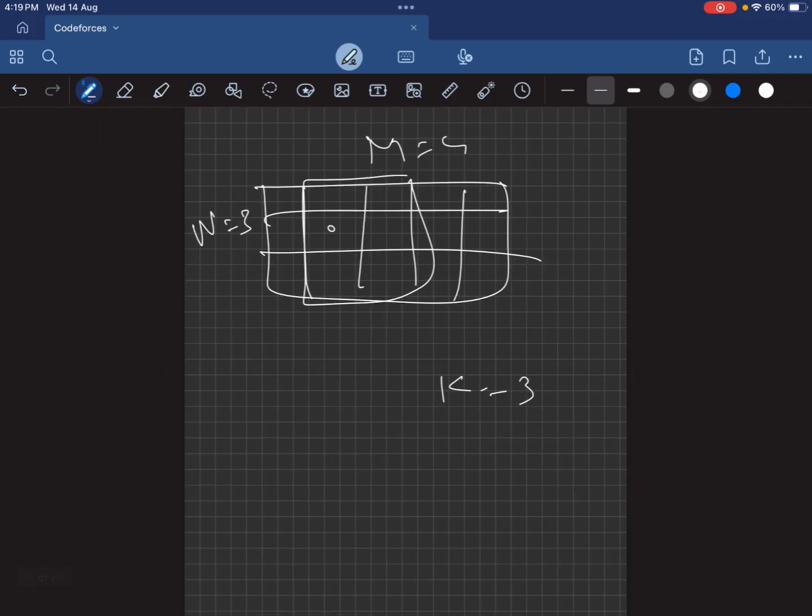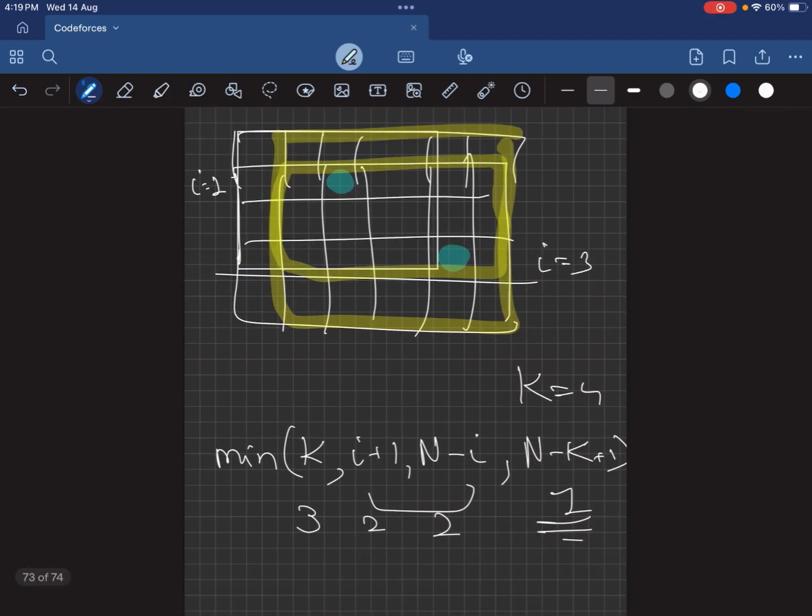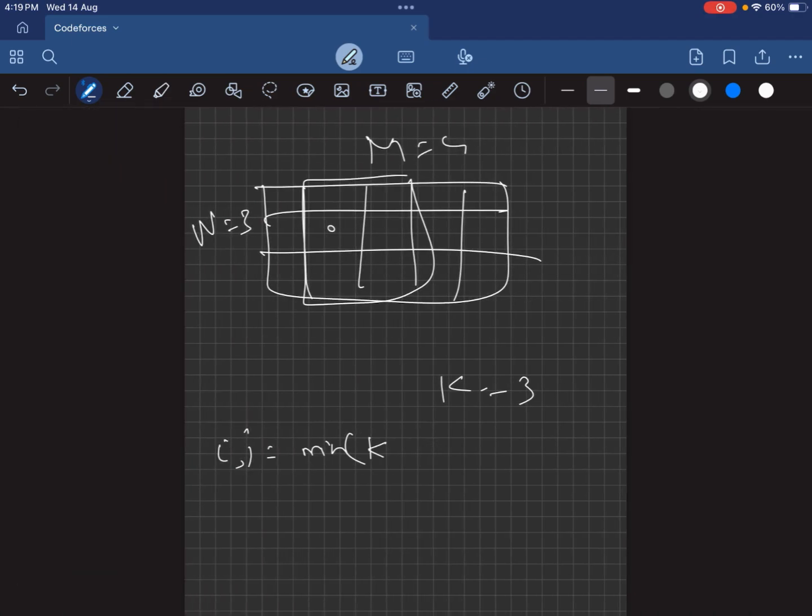So for a given cell i comma j, the number of subarrays it can be part of is essentially the minimum of k, i plus 1, n minus i, and n minus k plus 1. And similarly for the other dimension, it will be the minimum of k, j plus 1, m minus j, and m minus k plus 1.